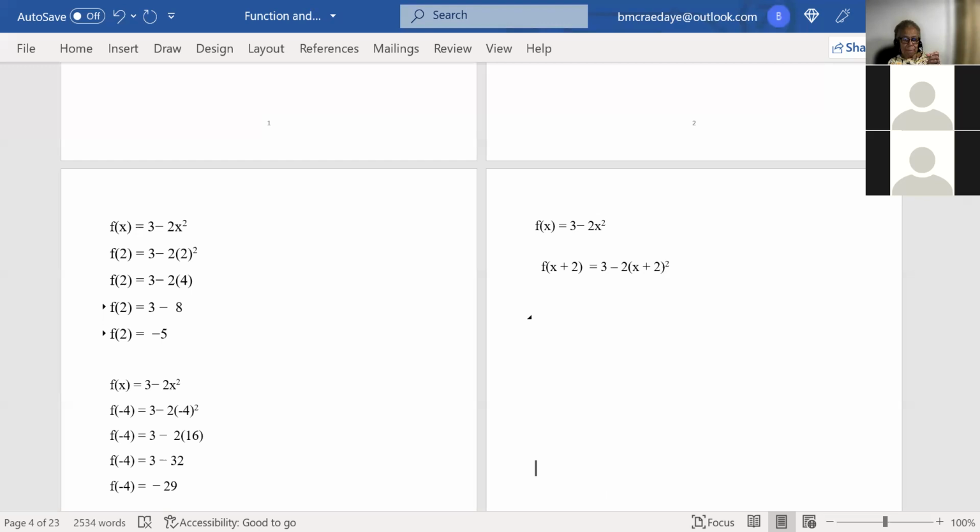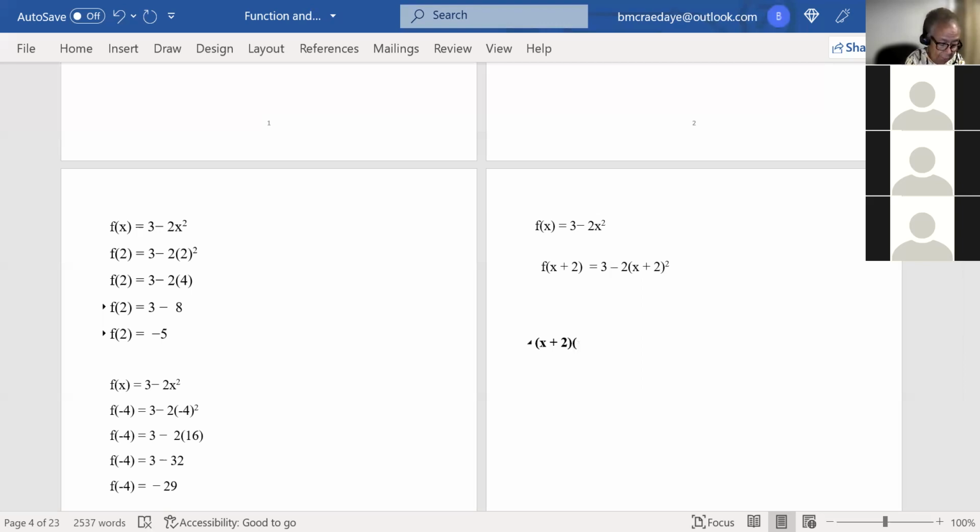X plus 2 times X plus 2. It's going to be X squared plus 4. No, X plus 2 times X plus 2. Well, let's just put it here. I'll just put it like this. This is the way this looks. This is times itself.